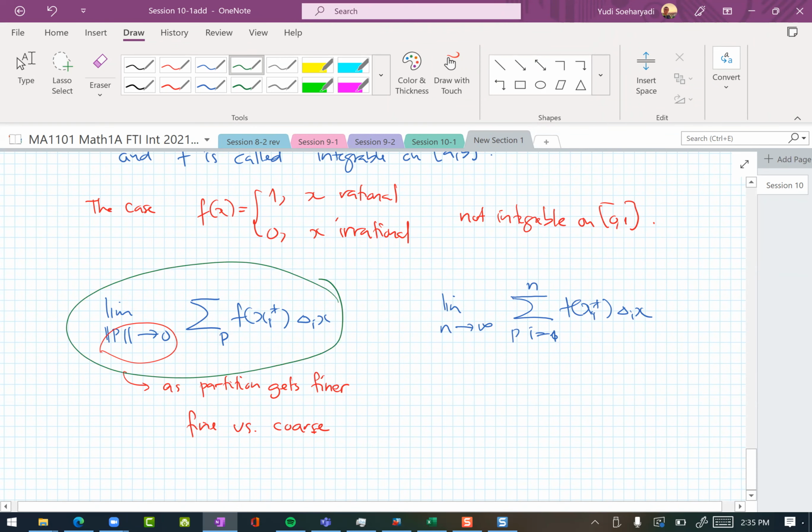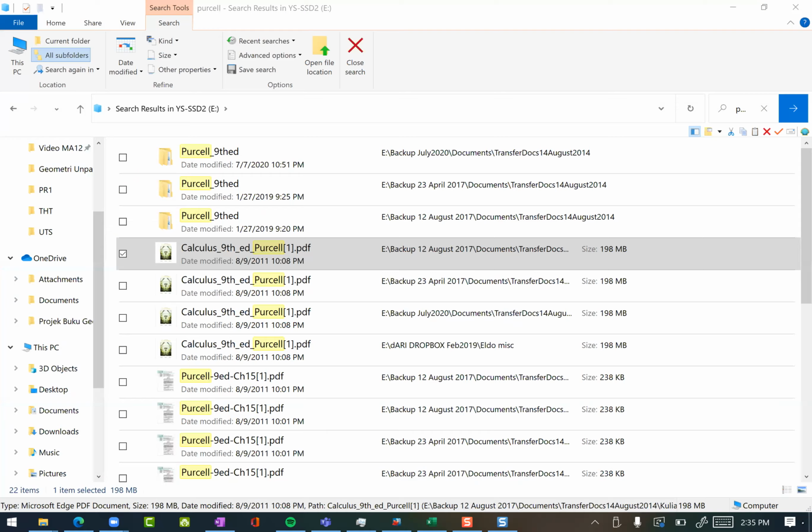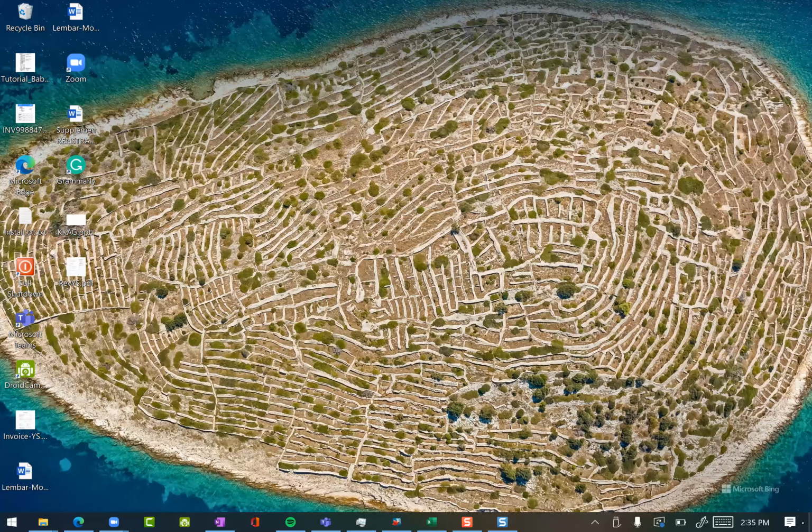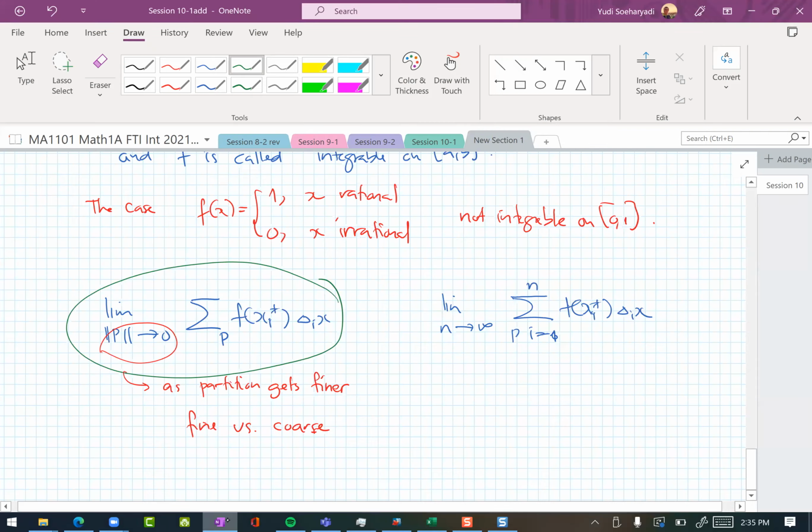It's slightly different. Okay. Oh, where are my screen? Okay. Can you see the screen back now? Yes, sir. Okay, all right.